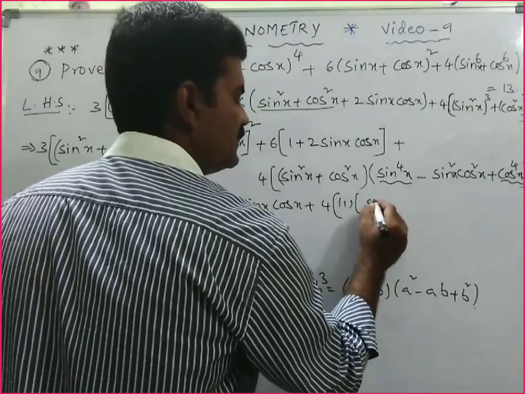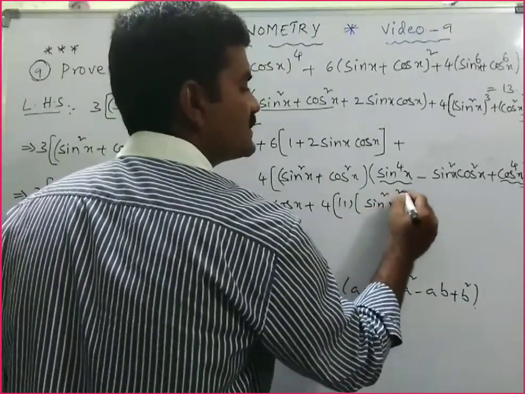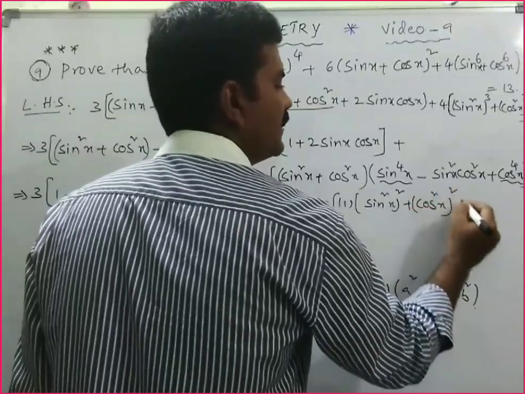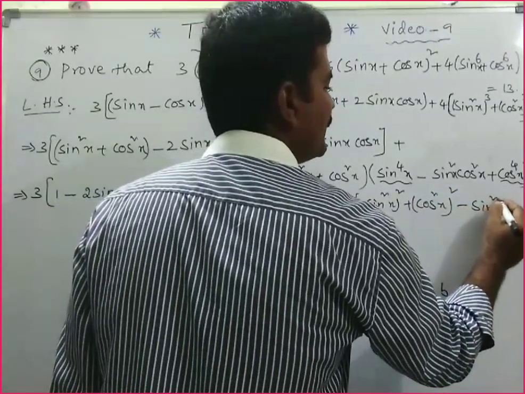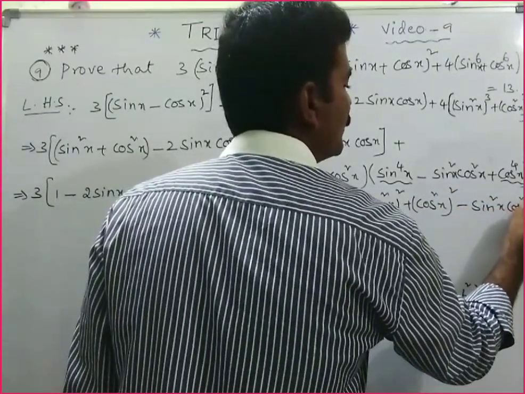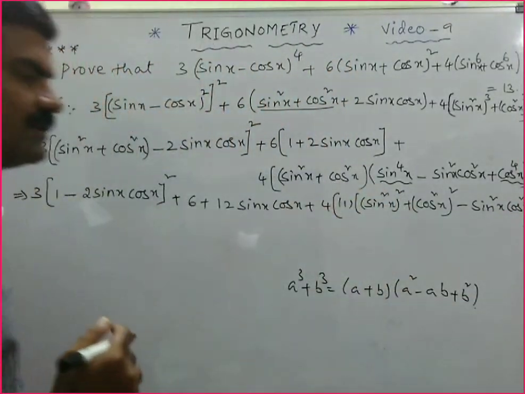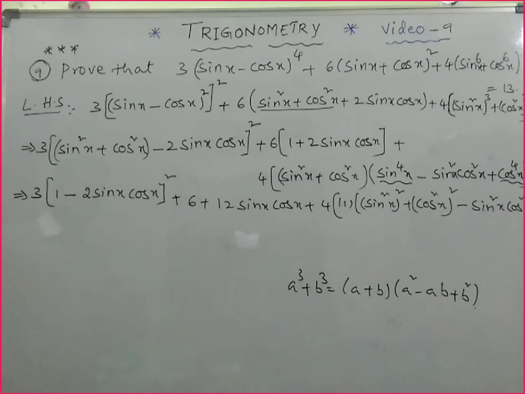So this is, let me write, sin square x whole square plus cos square x whole square minus sin square x into cos square x. Right? Please do not confuse and take care about the brackets especially.